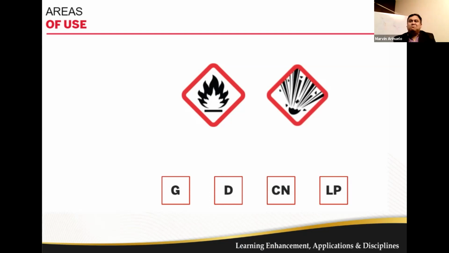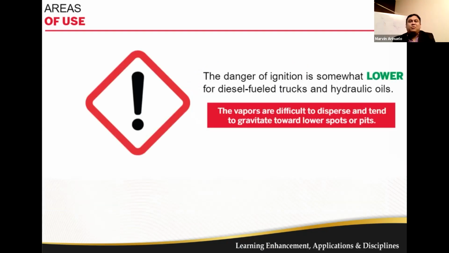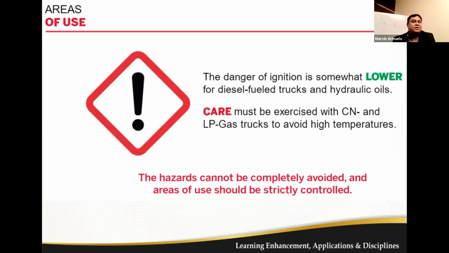Okay. Fire and explosion can result if unapproved truck types are operated in a hazardous location. A potential fire source for gasoline, diesel, CNG, and LP gas powered trucks is fuel leaks that are ignited by a hot engine, hot muffler, ignition system, or other electrical equipment or sparks. Again, the danger of ignition is somewhat lower for diesel fuel trucks and hydraulic oil, because diesel has a higher flash point, as we discussed last time, compared to liquefied petroleum gas trucks. Those vapors are difficult to disperse and tend to gravitate toward lower spots or pits.